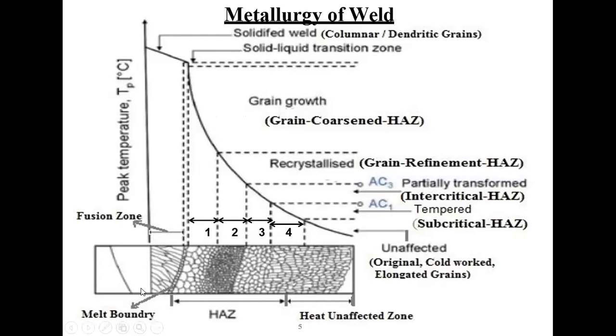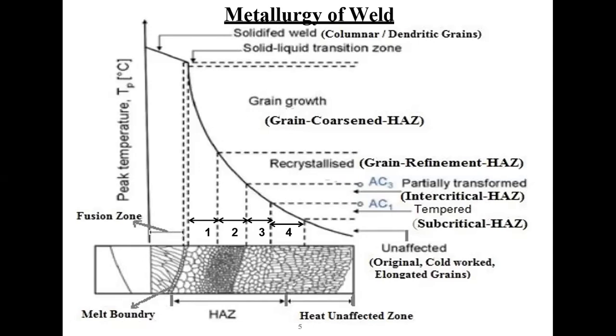Suppose this is a welding portion. If we cut this section, we can see there are various parts in a weld. If we see the microstructure, this zone is called HAZ, that means heat affected zone.